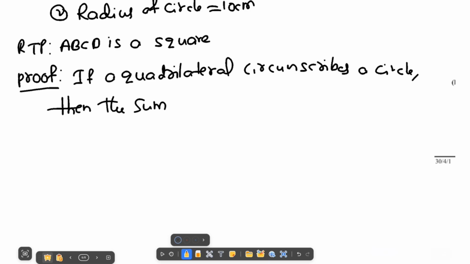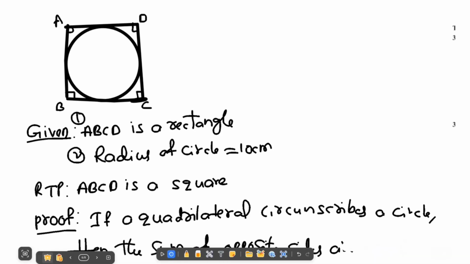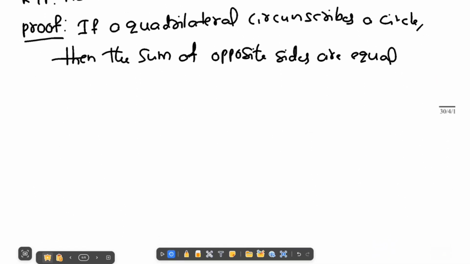Then the sums of opposite sides are equal. So what are the opposite sides here? AB, DC, AD, BC. So we will get AB plus DC is equal to BC plus DA. But opposite sides are equal in a rectangle, right?